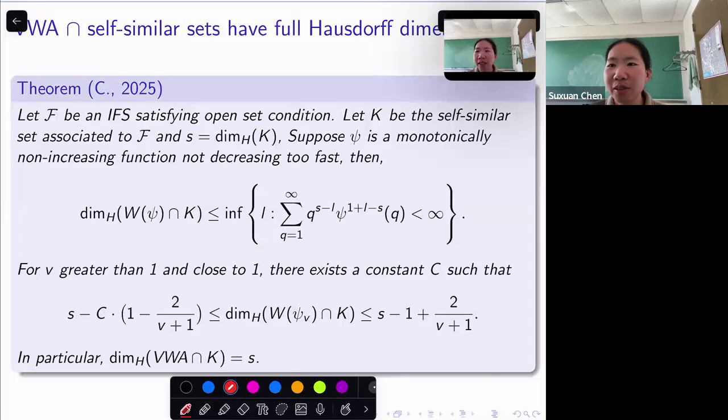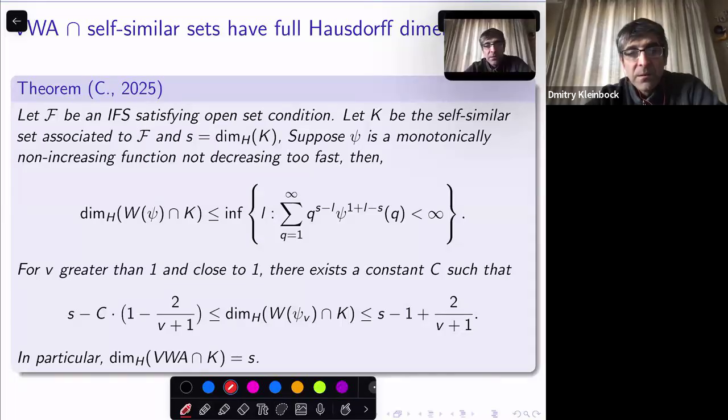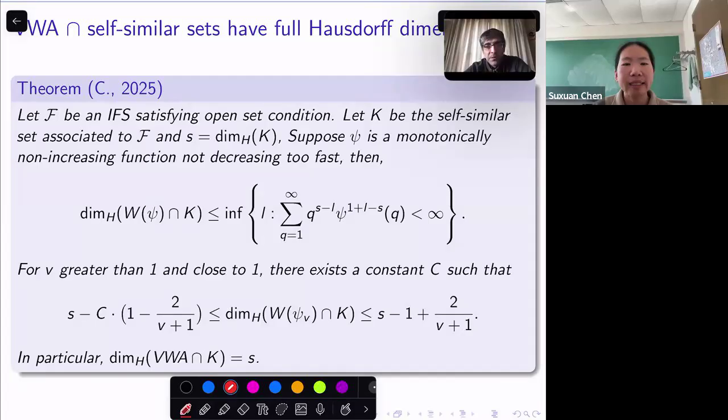Oh, sorry, I cannot hear you. So what does closeness to 1 mean? Is it something explicit? Yeah, this closeness to 1 is related to the effective equidistribution theorem from Bénard, He, and Zhang, which we will state later.